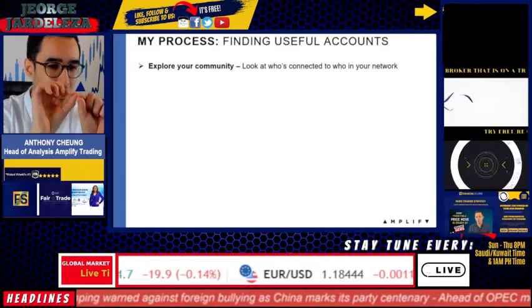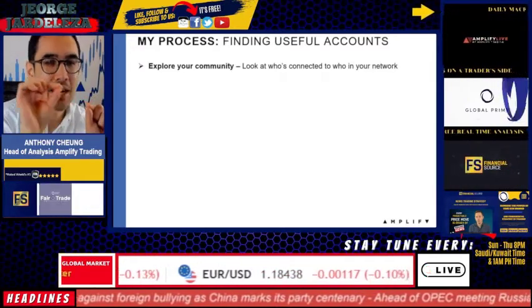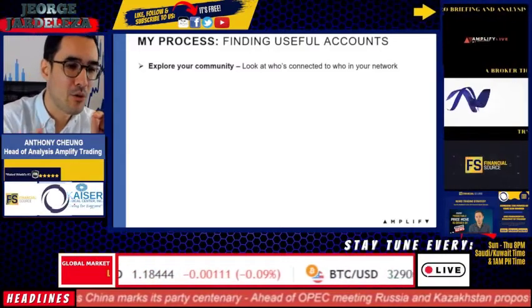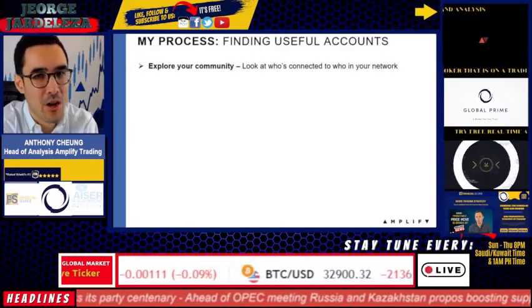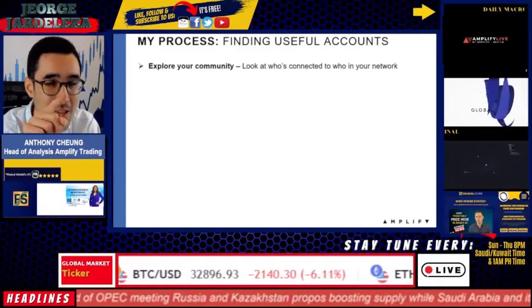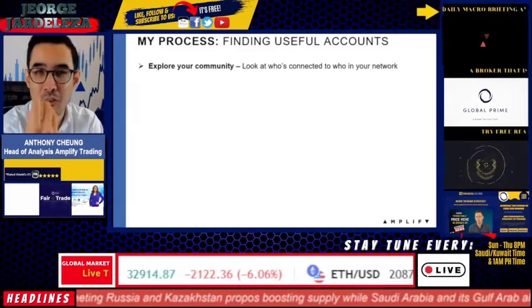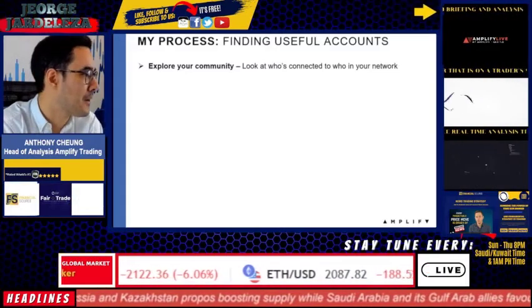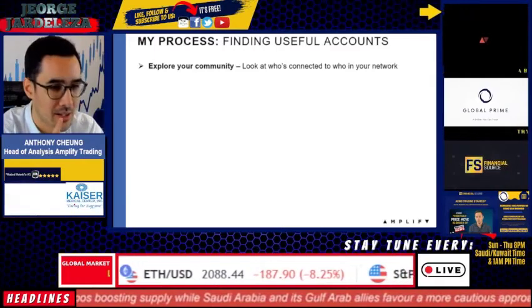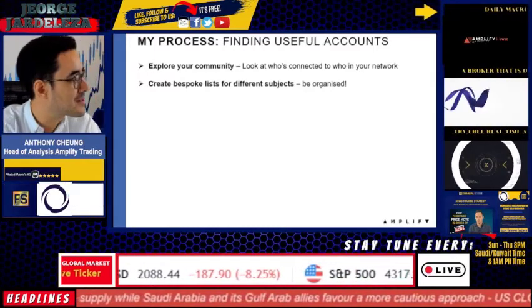And then I start unlocking this spider's web of who's connected to who, and then people who I'd never even heard of start blipping up on the radar, and I start looking at the context of their tweets, and they're tweeting useful information all of the time. So who's connected to who in your network is a really important one. It's the number one step that I would take.